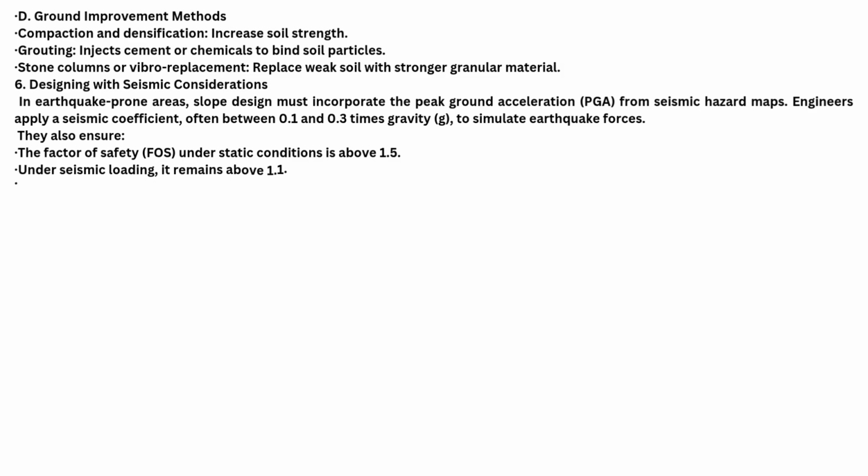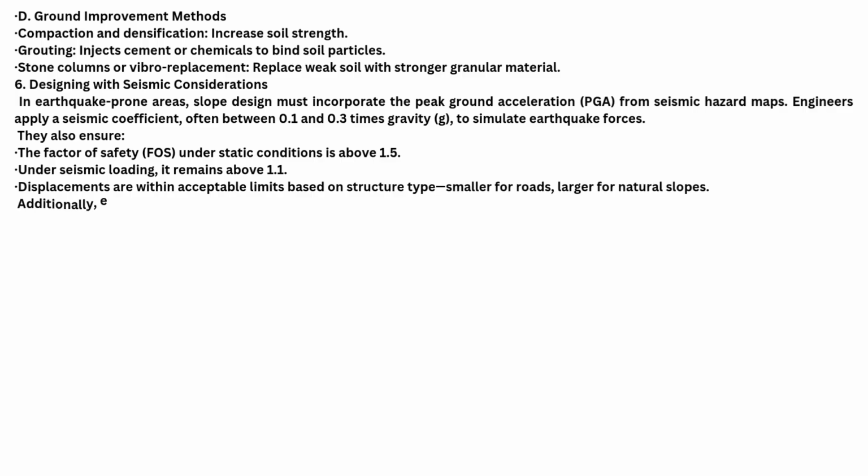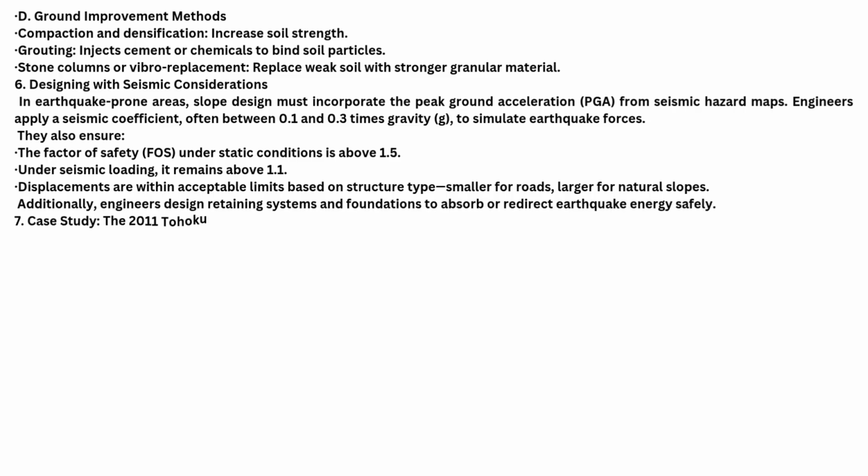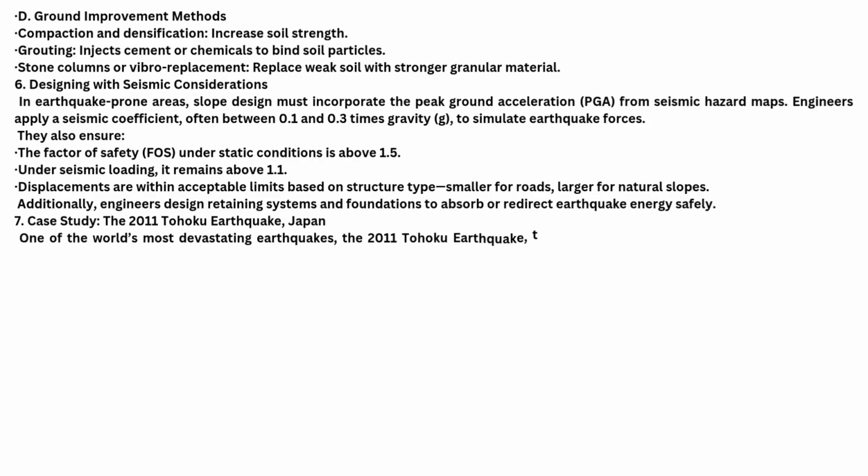They also ensure the factor of safety, FOS, under static conditions is above 1.5. Under seismic loading, it remains above 1.1. Displacement within acceptable limits based on structure type, smaller for roads, larger for natural slopes. Additionally, engineers design retaining systems and foundations to absorb or redirect earthquake energy safely.